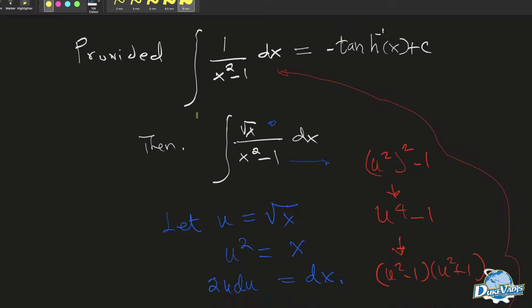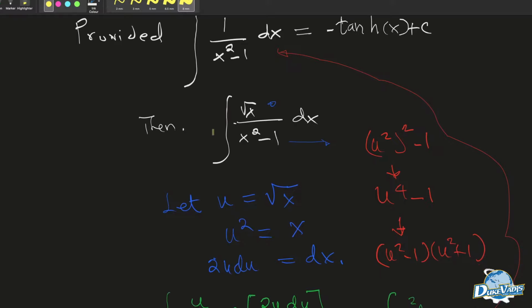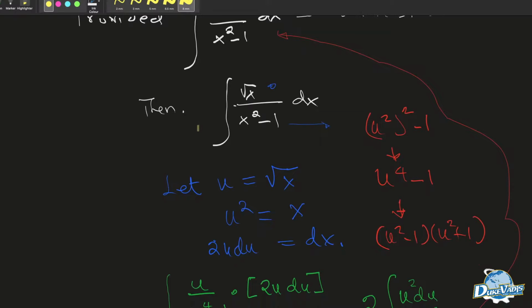And when we did that, we know that the root x over there, we have to get root of the root x. So we decided to substitute the root x here with that. So it became this and that.